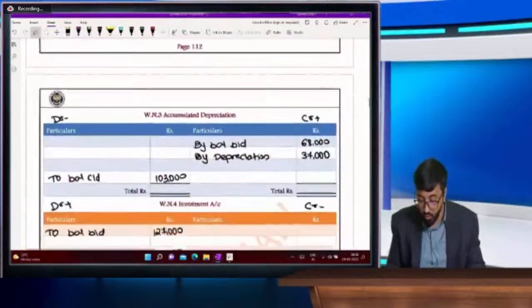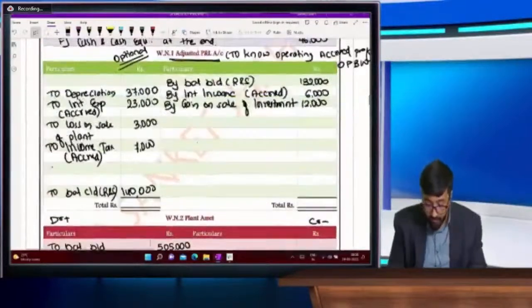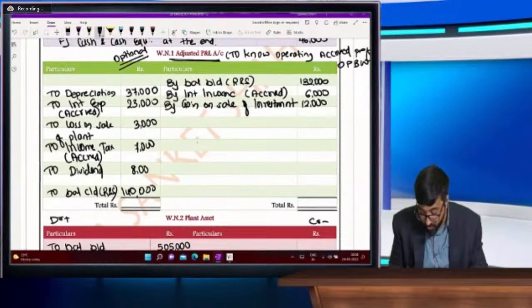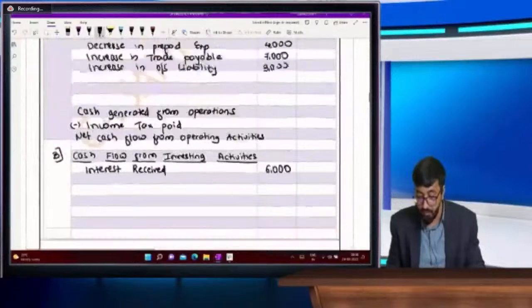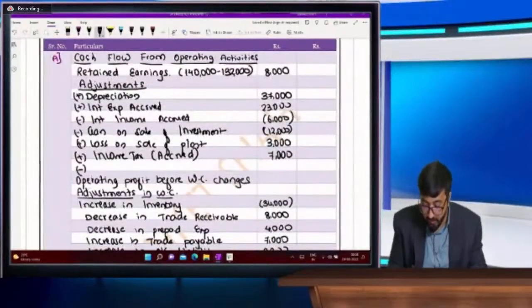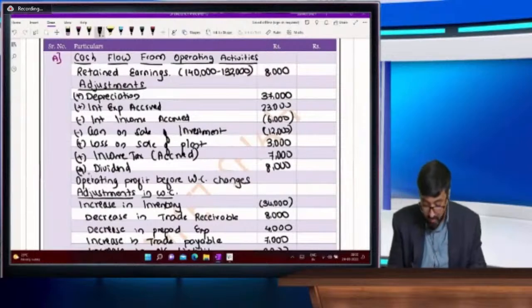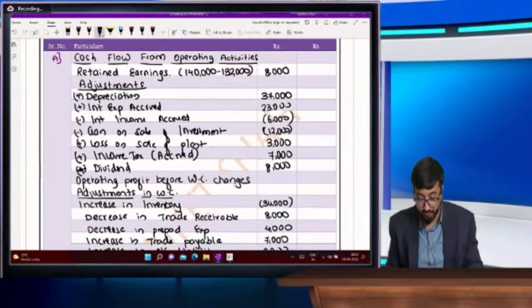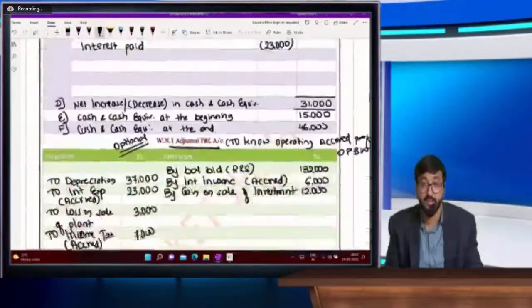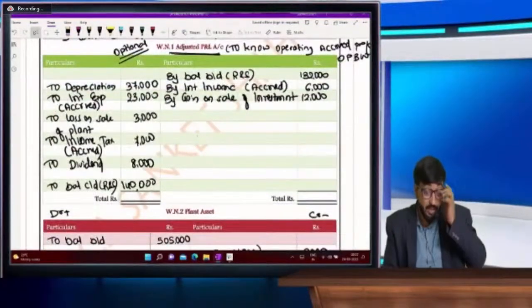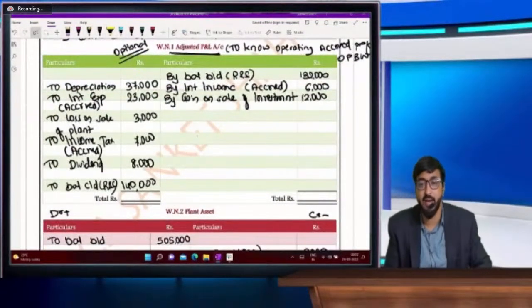And dividend 8,000. Here we are going to reduce it. Dividend 8,000. Sorry. Add it. Debit item, add it. That's it, the difference. All debit will be added, all credit will be deducted. So this is the beauty of adjusted P&L.